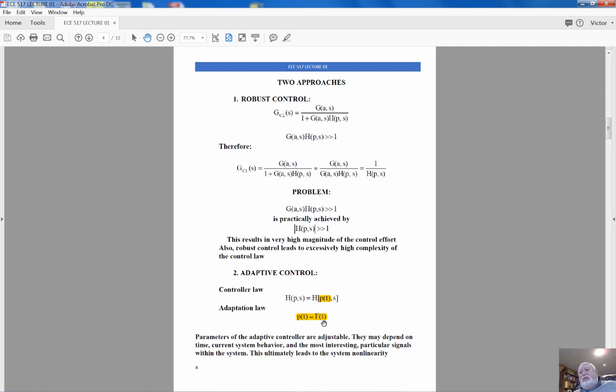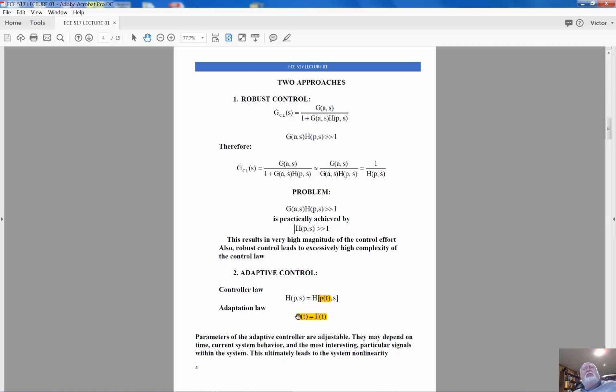And if they are adjustable, then the system can maintain its necessary performance even if the transfer function of the control plant will change. You know, the adaptation law is exactly the function that is responsible for adjustment of parameters of the controller.